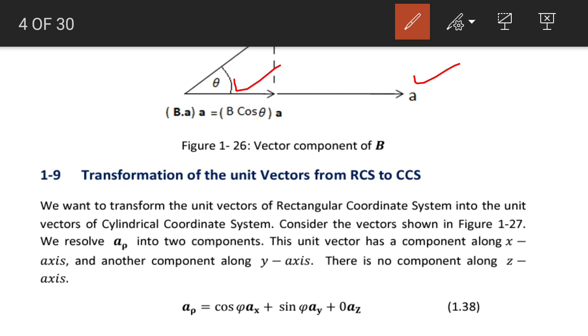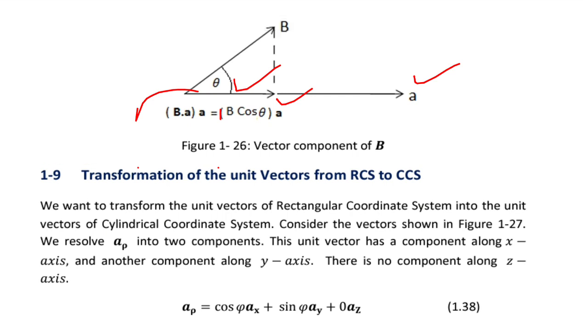We know that the magnitude of this component is b cos theta, and it is in the direction of the unit vector a. So this component will also be equal to b dot a times a. This is how we calculate the scalar component, and this is how we calculate the vector component of b in the direction of a, the vector component of b along this line.